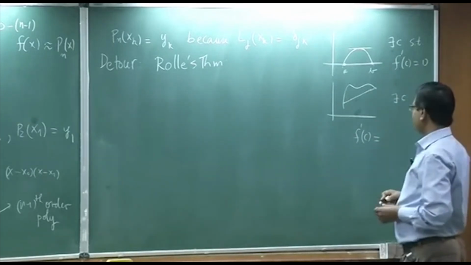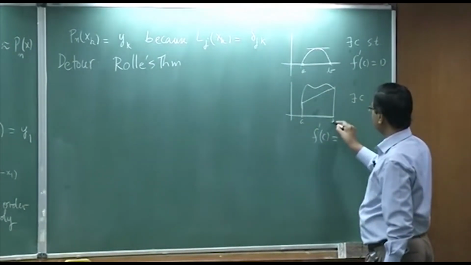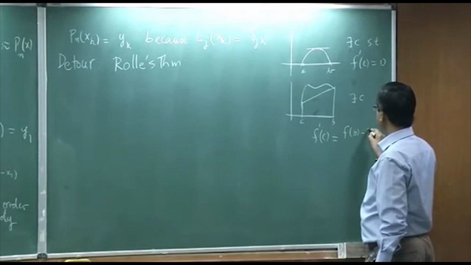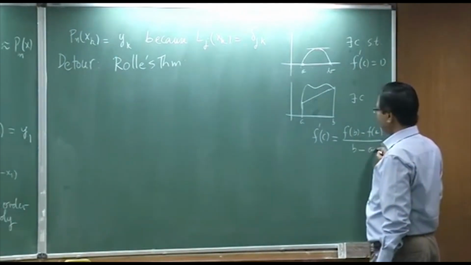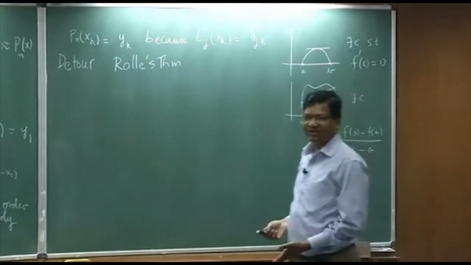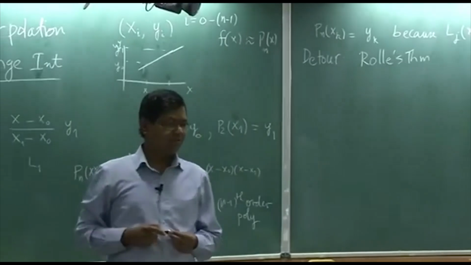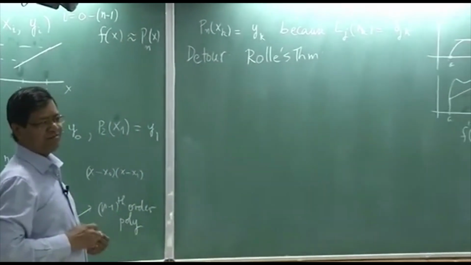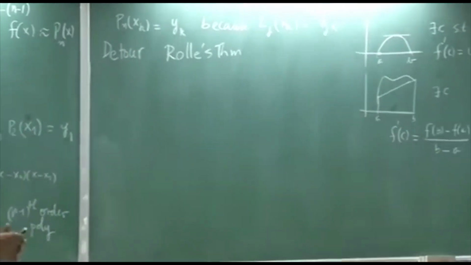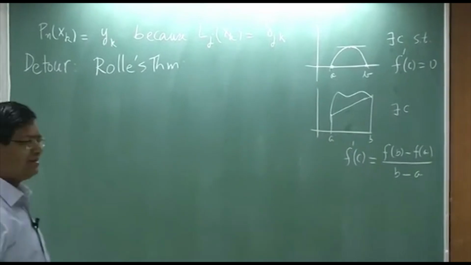So, this is A and this is B. I do not know where that point C is, but there is a point C, and this will be needed to get a formula for the error estimate.